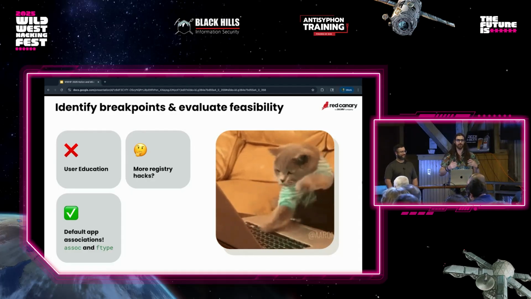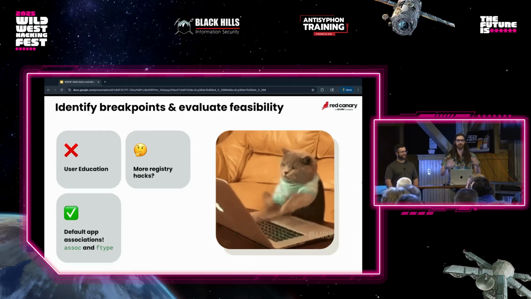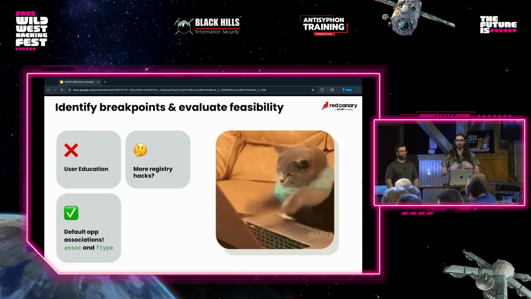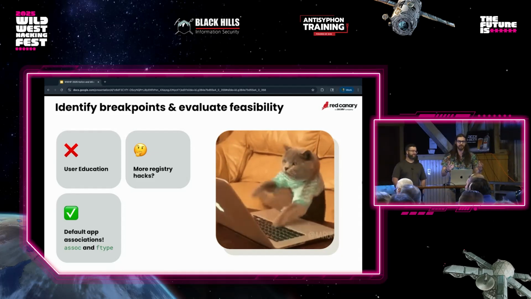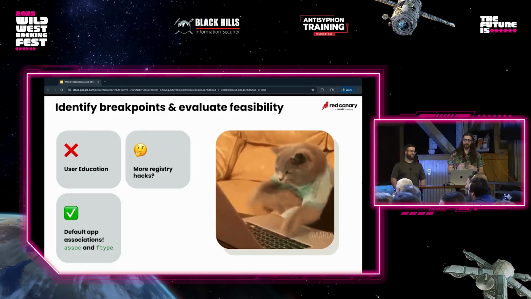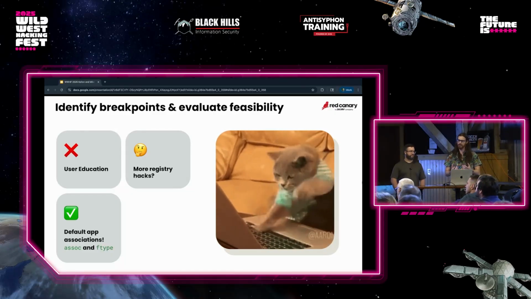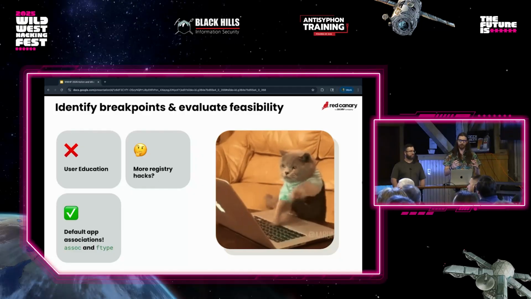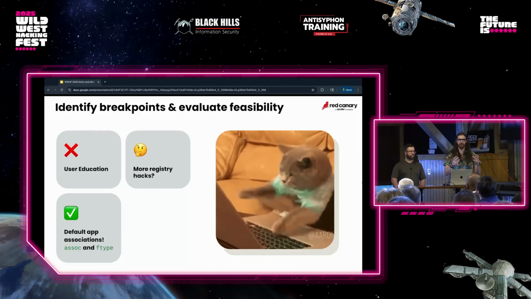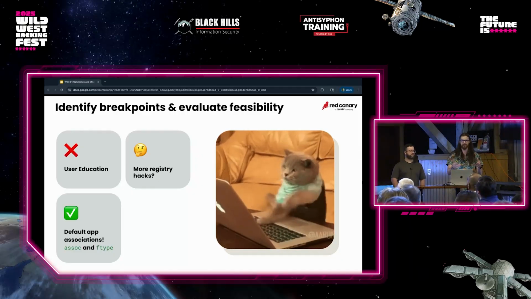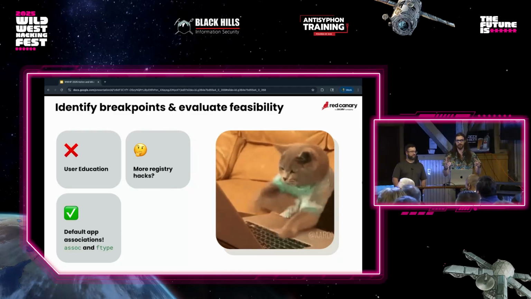This comes up in every single thing that we think about. We're like, could we teach our users to not do this thing? Maybe, but probably not. So maybe we could use the registry to alter how these files are being opened. And then we thought, well, files are associated to an app, as we see. So could we use that to our advantage somehow?